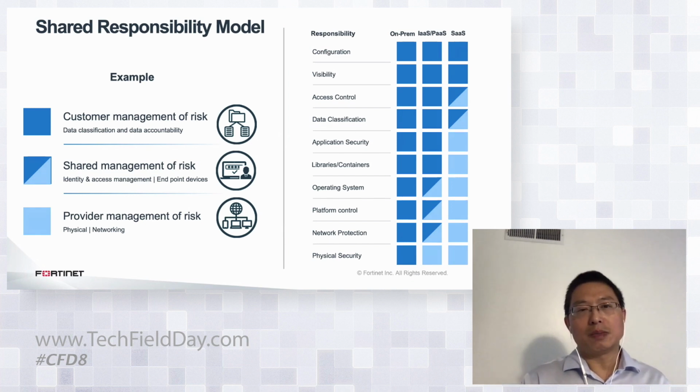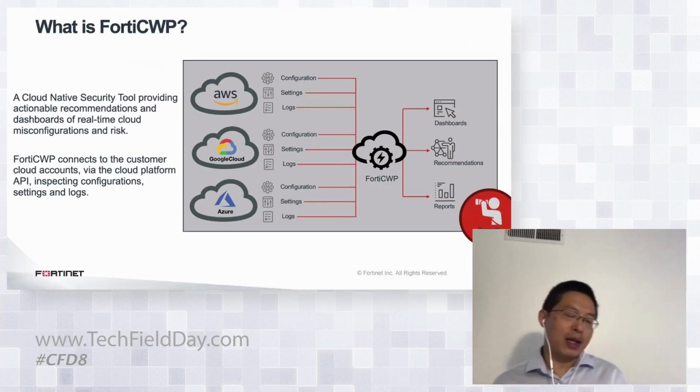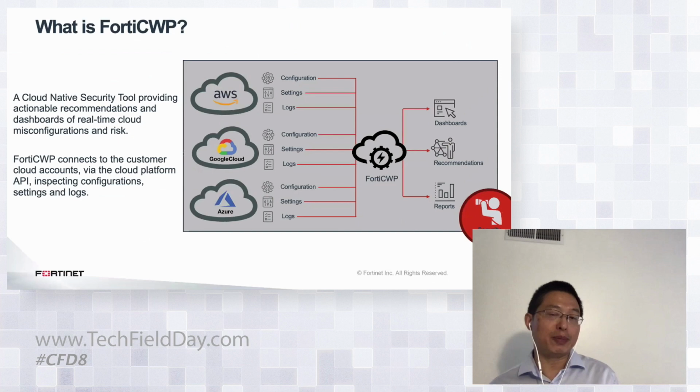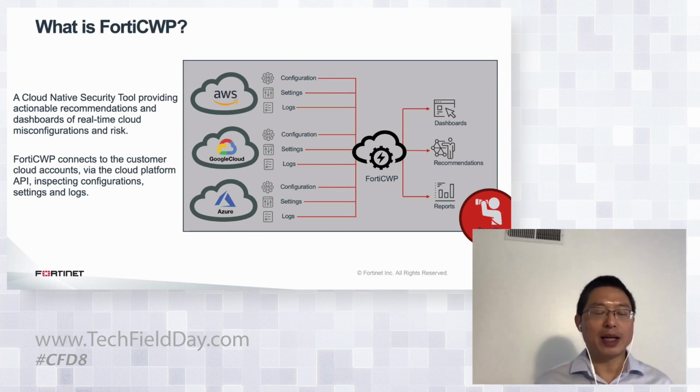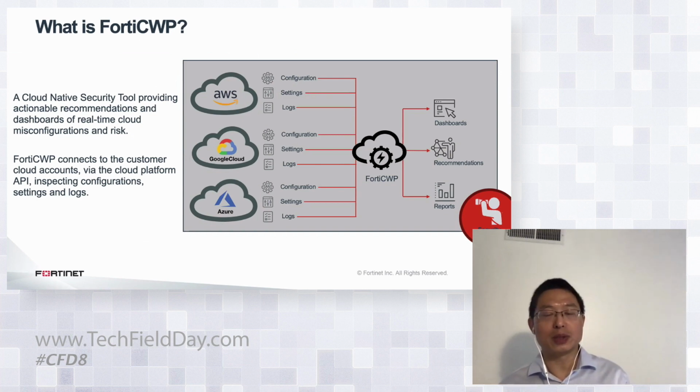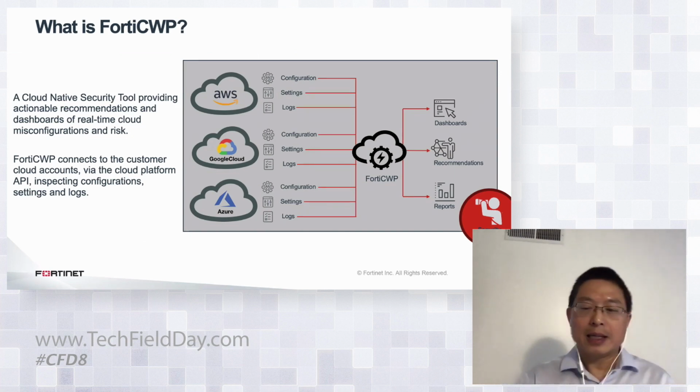So that's basically why you need a CWPP product, and FortiCWP is a cloud-native security tool providing actionable recommendations. You will see examples of what it means, and the dashboards and the reports based on the data we collect from the cloud platforms that you are running.